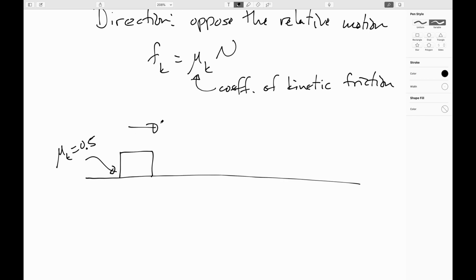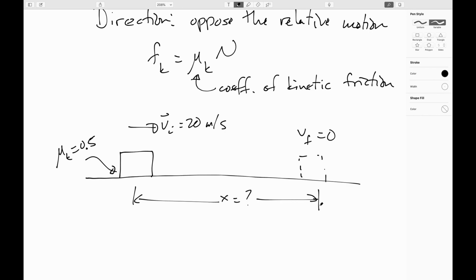Let's say it's initially going at 20 meters per second, and it eventually skids to a stop over here. And what we'd like to know is how far does it slide? So again, we can do our same trick here. We can set x initial to be 0 here and say that this really amounts to solving where x final is located.